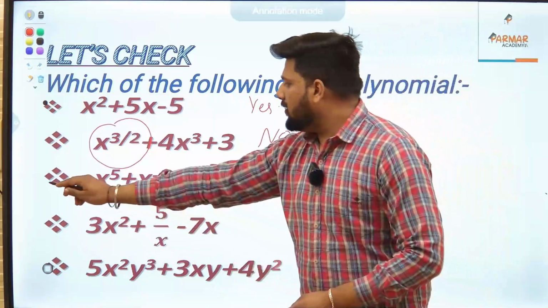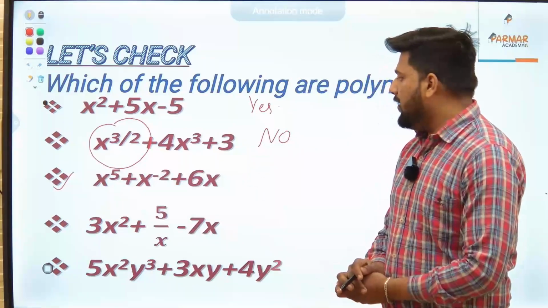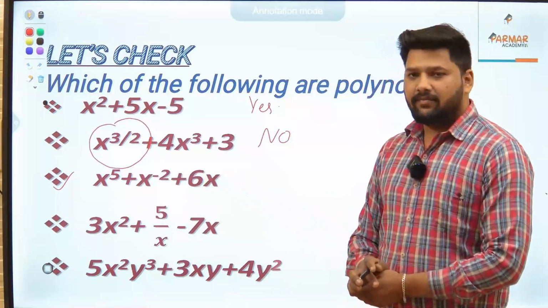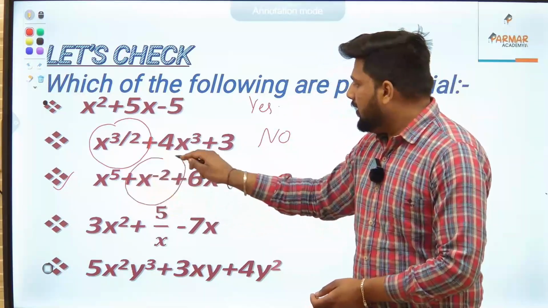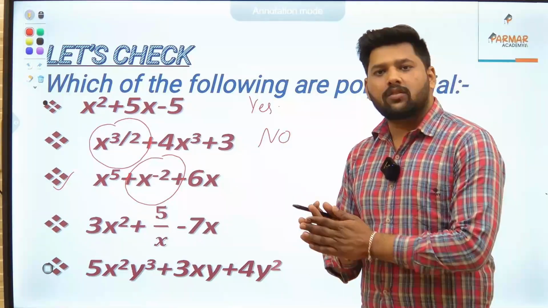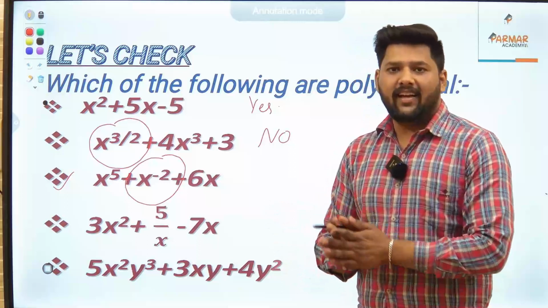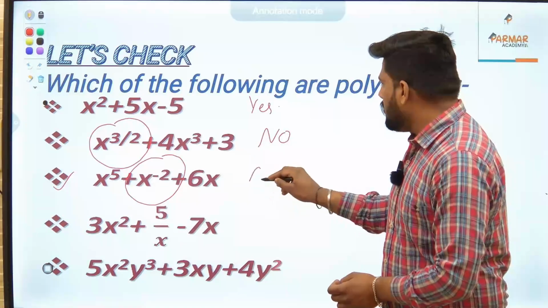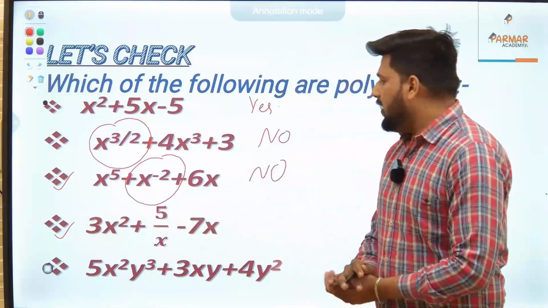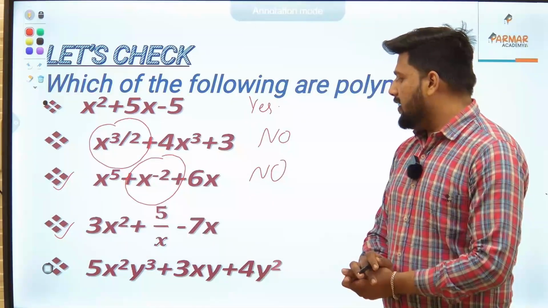In example number 3, x raised to power 5 plus x raised to power minus 2 plus 6x. In the second term, the exponent of x is minus 2. Again, it is not a non-negative integer. So it is also not a polynomial. For the next example, it is 3x square plus 5 by x minus 7x.